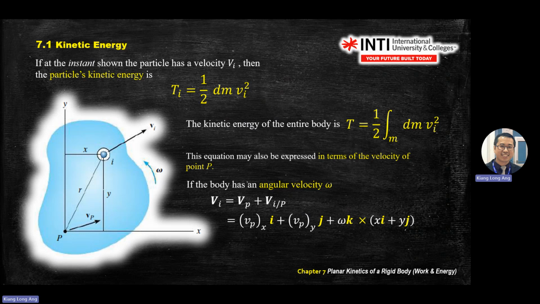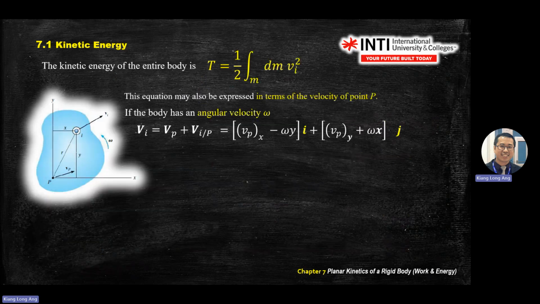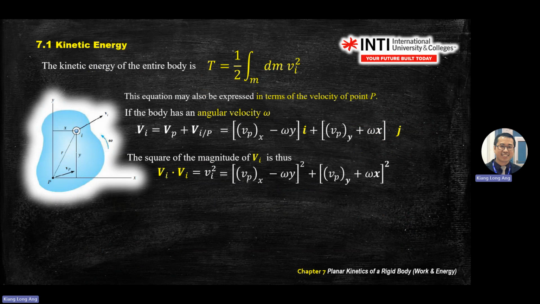But in this module, you don't need to use the vector method, right? So you do multiplication at the end. You arrive at a very, very lengthy derivation, but I won't ask you on the derivation. So you do the derivation, then you do the squared.